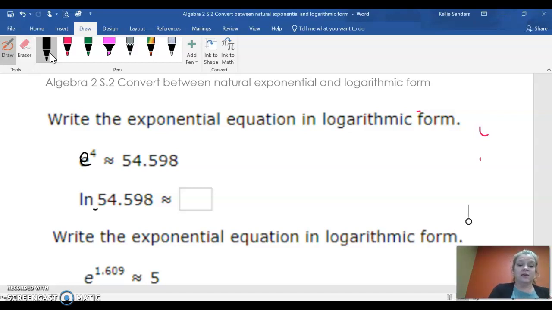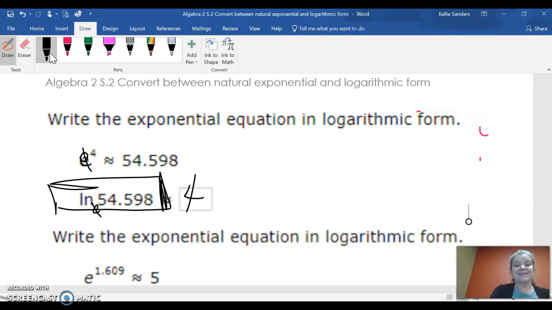Your E, if you had one, would go right here, but we're never going to put it. And then we've already used the 54.598, so what's left is 4. If you put this in a calculator, even though you don't know how to do that yet, you're going to get either like 3.999 or 4.001, something like that. So it's approximately 4.